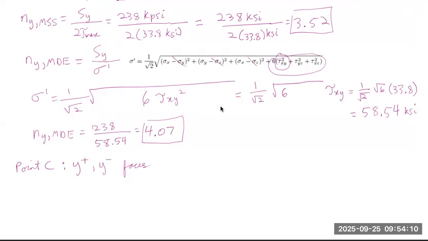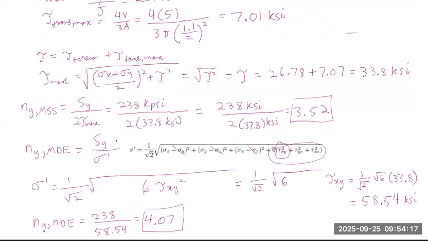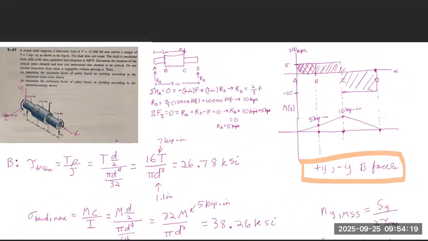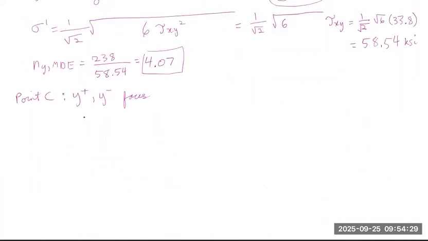And again, we are going to use the smaller diameter for point C. So approaching from the right, the smaller diameter will be the 1.3-inch diameter. And for the y plus and y negative faces, these will be these two locations.